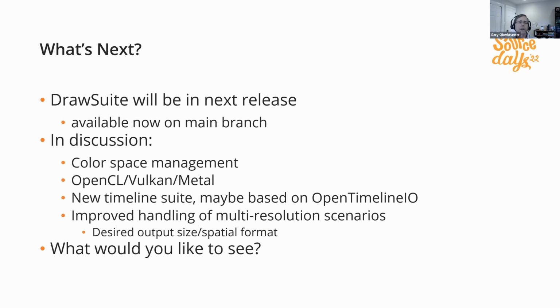Would love to get those done. We've had a proposal for a new timeline suite as well, maybe based on OpenTimeline.io, so that a plugin can know where it is in the global time, not just locally, where frame 0 is the beginning of the effect. And we're working also on improving the handling of some multi-resolution scenarios.